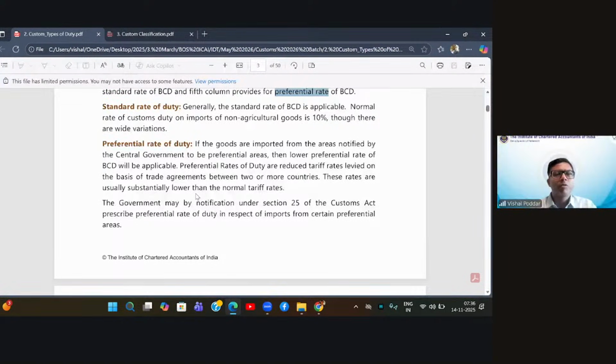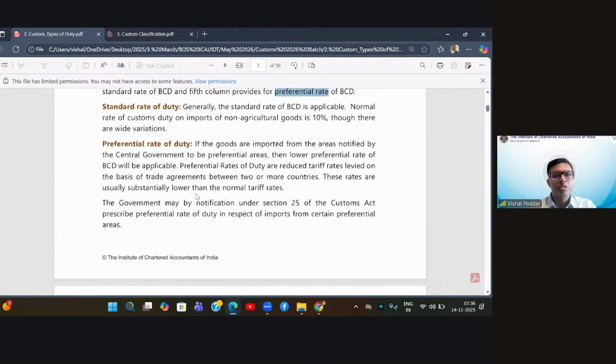However, where the government has signed or entered into a special agreement with certain countries whereby those countries are considered as preferential countries, those countries are given this status called the preferential nation status.